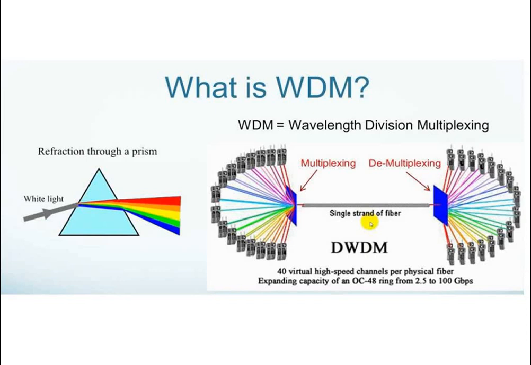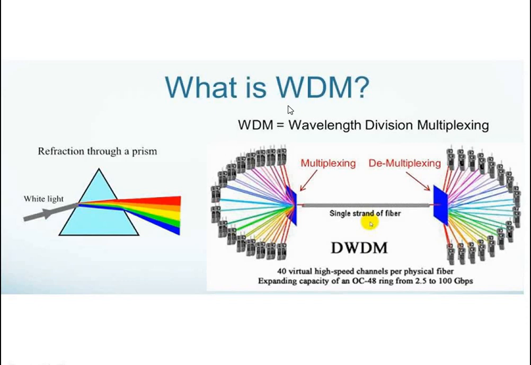As we have all learnt from our elementary school science, a white light beam can be separated into individual colored light beams by a prism, as shown in this picture. Similarly, individual colored light beams can also be combined into a single white light beam by the prism, that is, if we use the prism in the reverse direction.